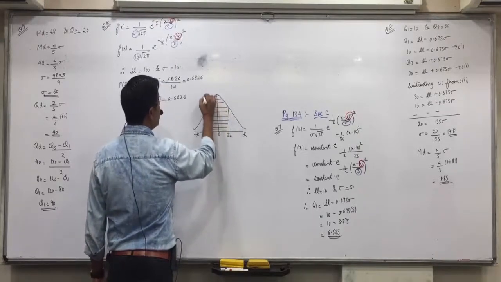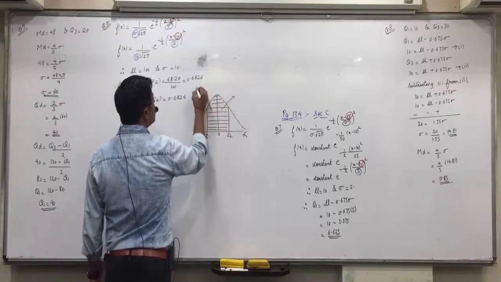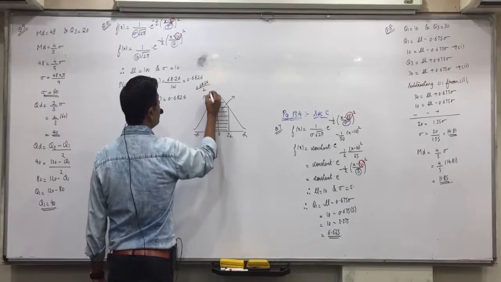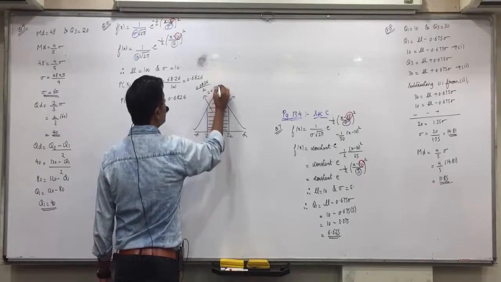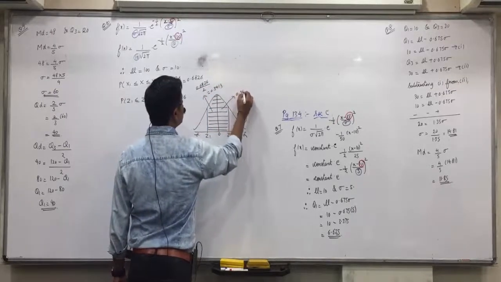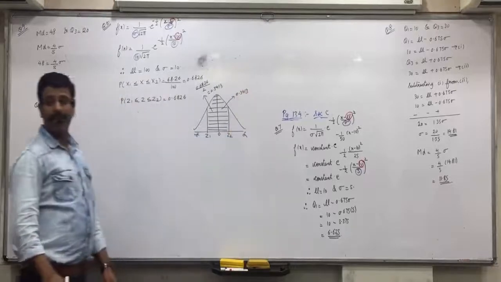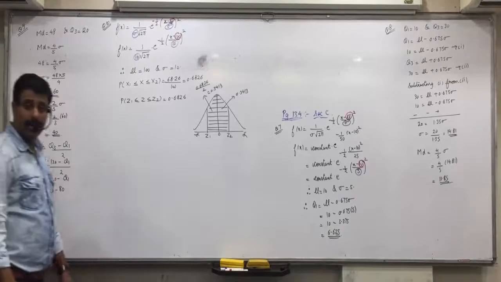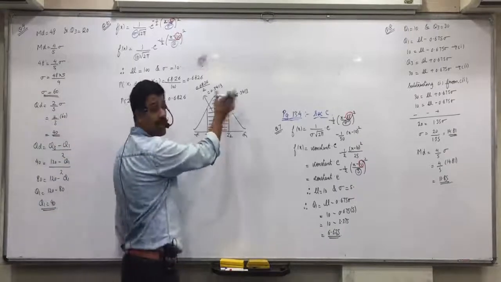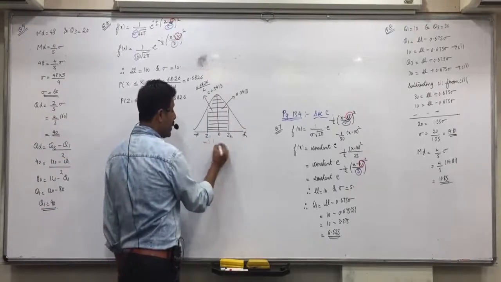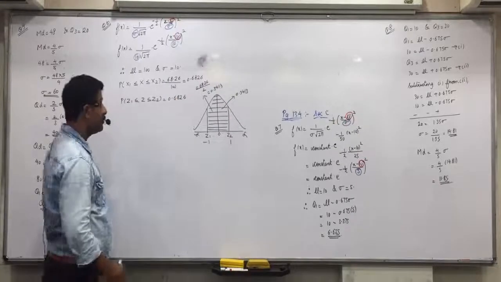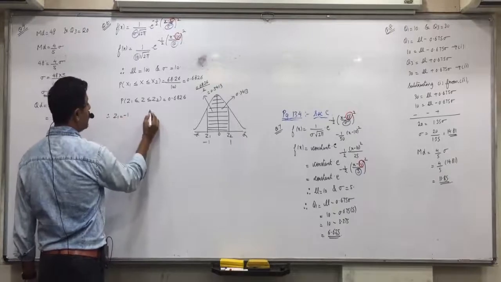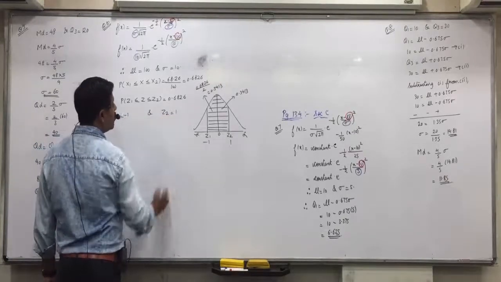So I told you each of the area is 0.6826 divided by 2, 0.3413, which we remember is 1. So no need of even average. In the table 0.3413 corresponds to 1, means this is minus 1 and this is 1. So Z1 is minus 1 and Z2 is 1.